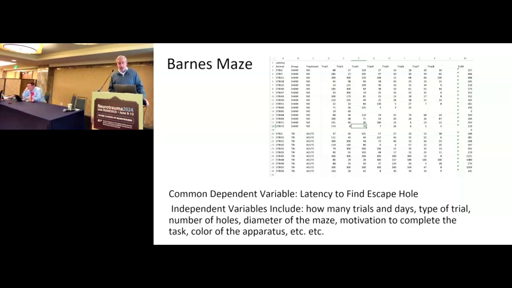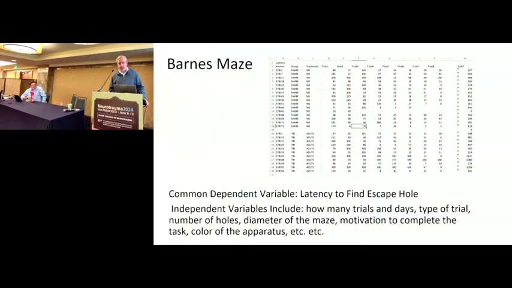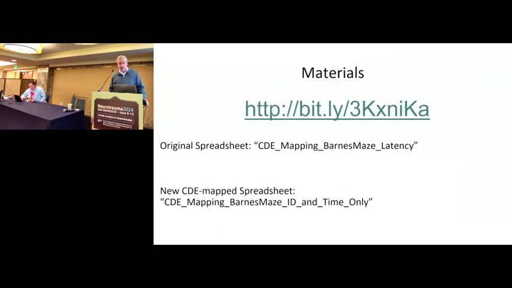Anita has a question. Yeah, I'm sorry, hold on, please. How do you get to this? She says it's a good thing I'm on my way. I'm not seeing where that thing is. Hold on just a sec. It's the CDE mapping, Barnes maze? There we go. Yes, sir.